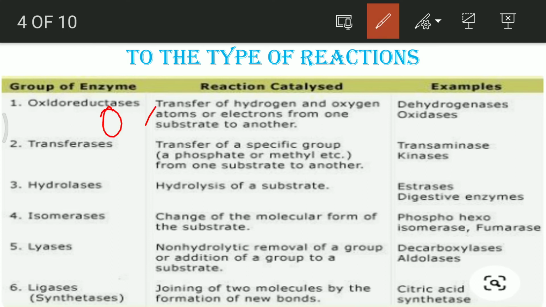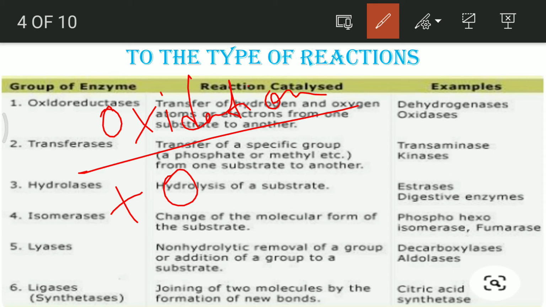In oxidation, there are three ways by which we can oxidize: addition of oxygen, removal of hydrogen, or removal of an electron. Whereas reduction means removal of oxygen and addition of hydrogen and addition of electrons. So that is a reduction reaction.